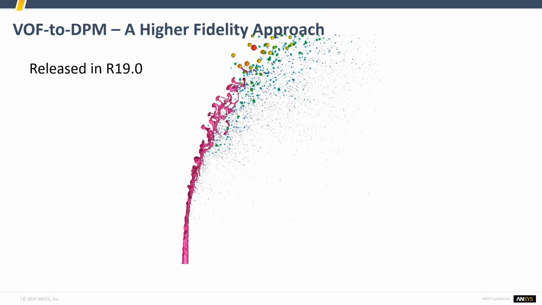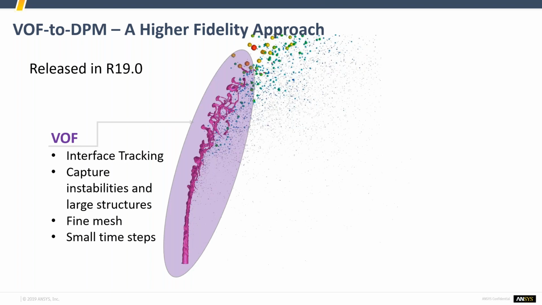The last thing I want to show you is, it's not new anymore, but a really cool VOF-to-DPM approach. If we have this interface here that we're tracking, and we're capturing large structures with a VOF model, then we also need a really fine mesh and small time steps.